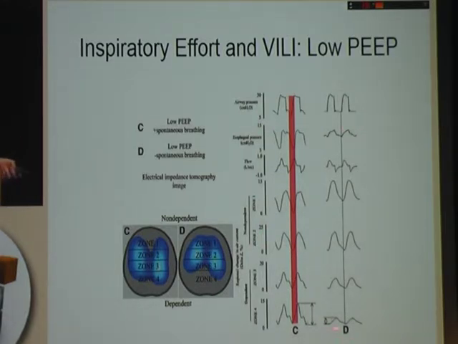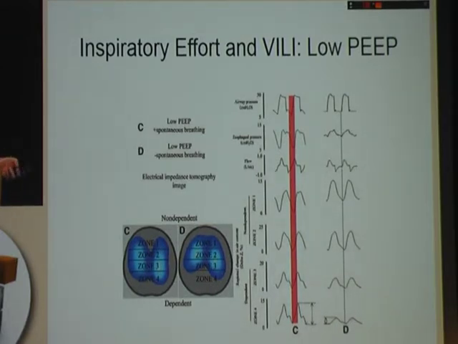And what's important to see here is that in the dorsal lung regions, there's a significant early rise in lung impedance, implying an increase in volume in that region, and a significant early decrease in impedance in the ventral lung regions, which suggests that the gas is actually shifting from this region to this region as so-called pendelluft. And you can only get pendelluft when you've got this maldistribution of transpulmonary pressures.